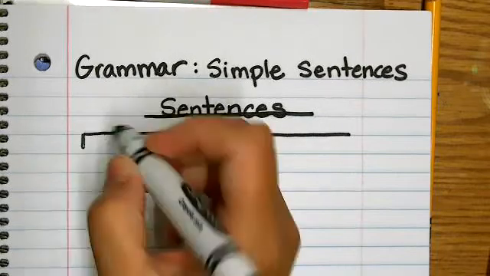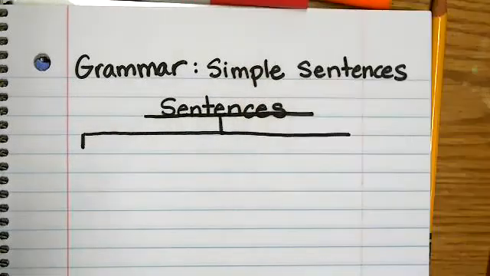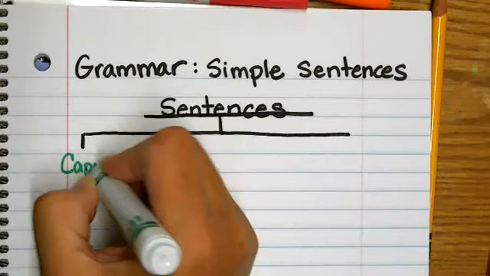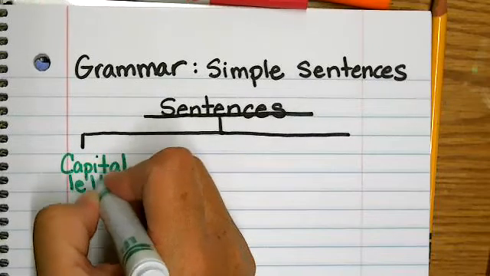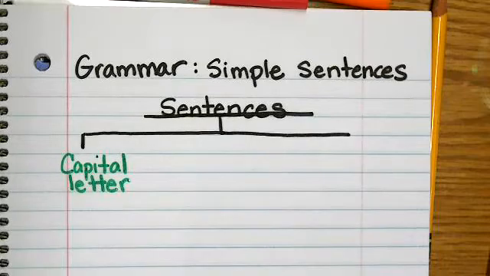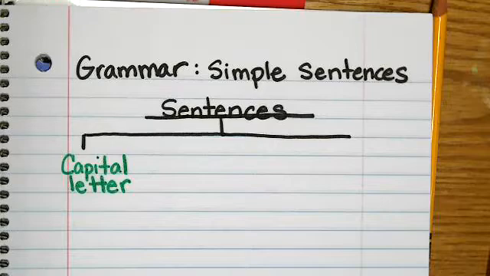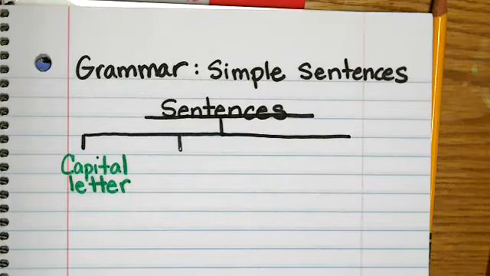The first of those things is your capital letter. All sentences start with a capital letter. So we're going to go ahead and put that as our first sentence part, capital letter. Now, the next part of a sentence is what we call in third grade the subject. All sentences need a subject.